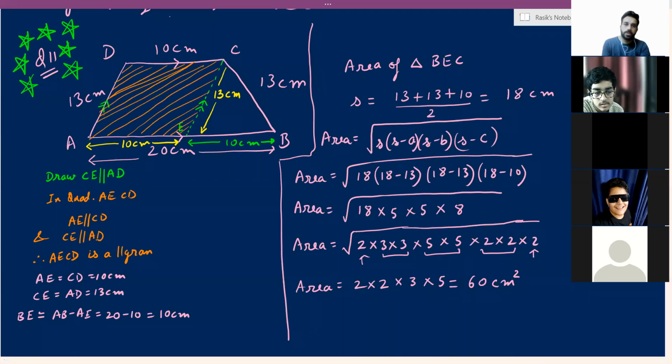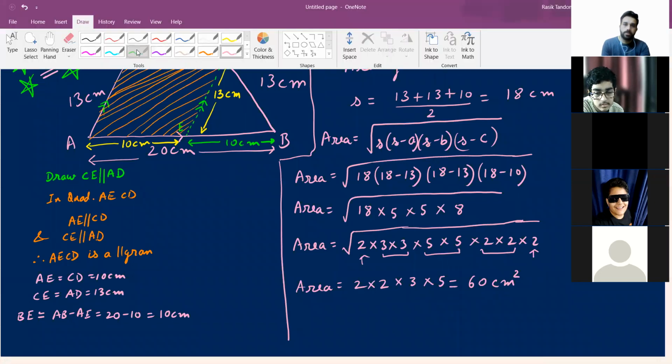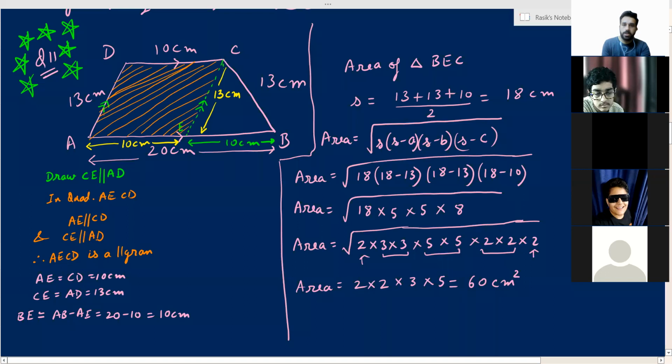Let's do one more construction. Draw CF perpendicular to AB. This is the height of the triangle. CF is the height of the triangle.